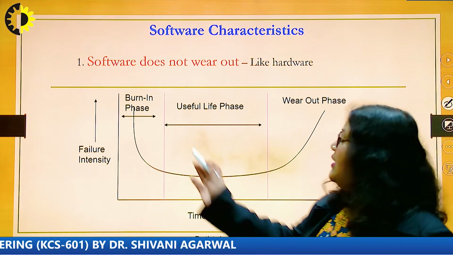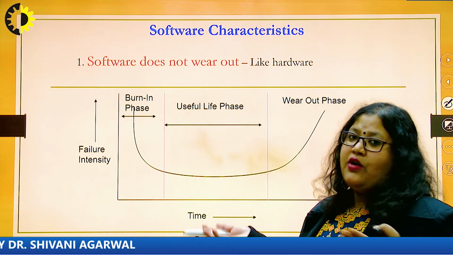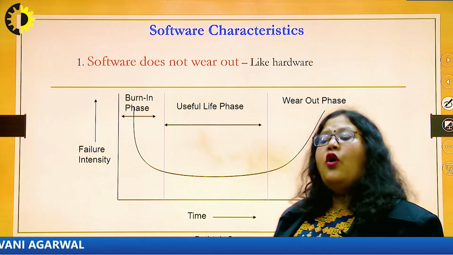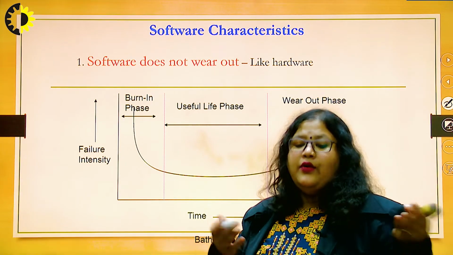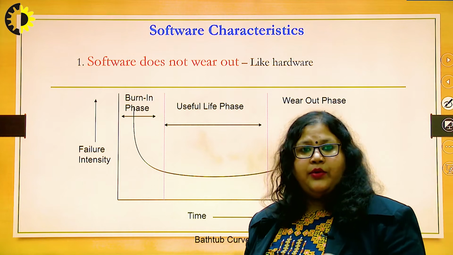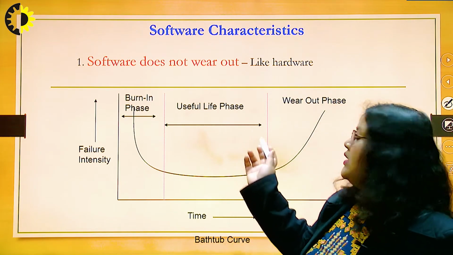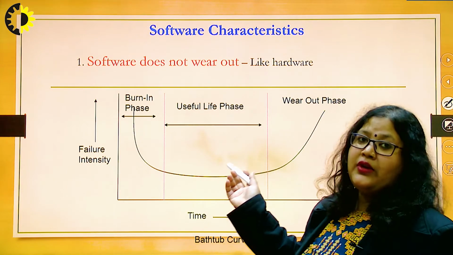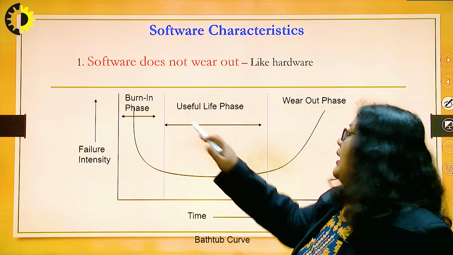This is basically the product type, because any product has a wear out phase. The hardware does not escape wear out. Basically when we develop any hardware product, it performs well, and this period is known as the useful life phase. It means we use that particular product in this phase.